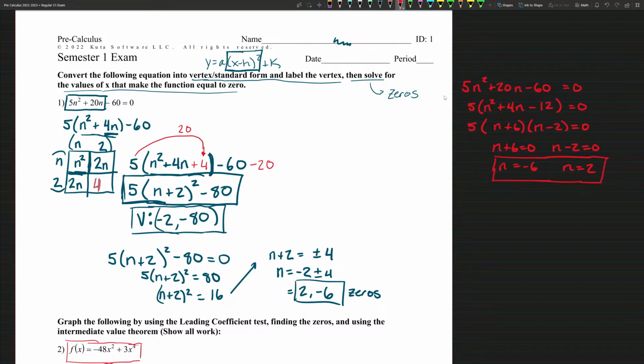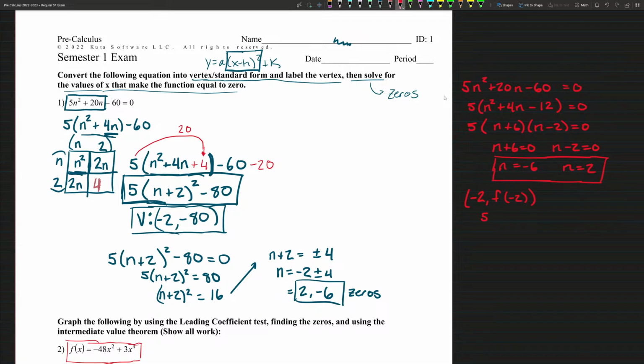Our vertex is going to be directly in between those two zeros. So negative 6 plus 2, that's negative 4, divided by 2, that's negative 2. So our first part of our vertex is going to be negative 2. And then we need to plug that back in.